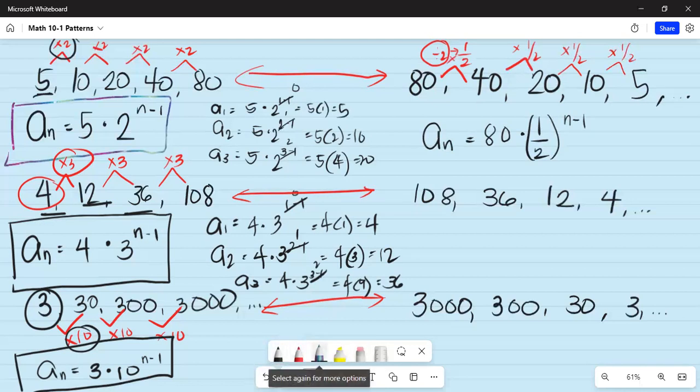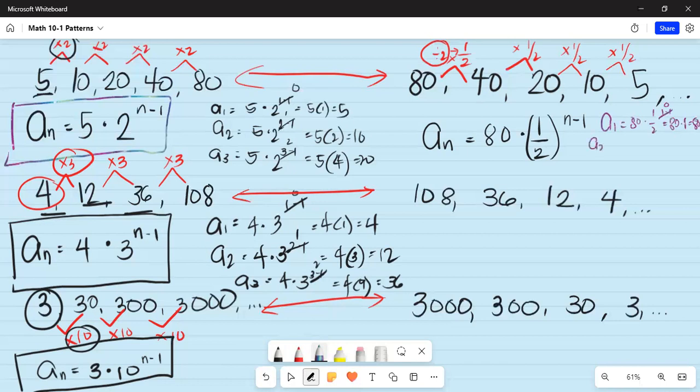So we have here a sub 1 is equal to 80 times 1 half raised to 1 minus 1, that's 0, and 1 half raised to 0 is equal to 1. So this is 80 times 1, and that's 80. Same answer.